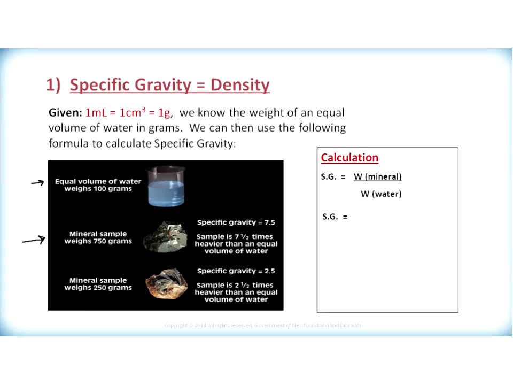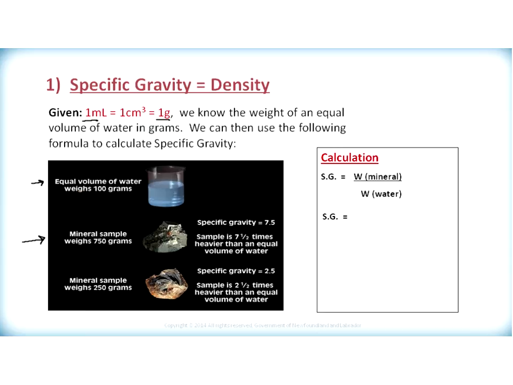And seeing that 1 milliliter weighs 1 gram, then 100 milliliters would weigh 100 grams, as seen in the diagram here. So the weight of the equal volume of water would be 100 grams.